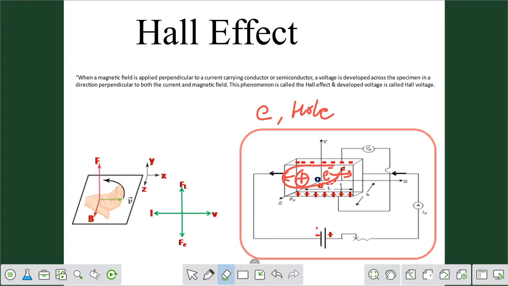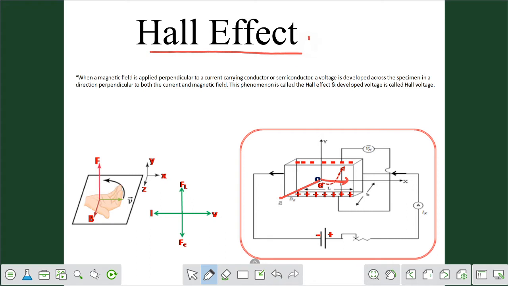Okay, so during this experiment, if you apply a magnetic field perpendicular to this current direction, then a phenomenon will develop. That phenomenon is called the Hall effect.